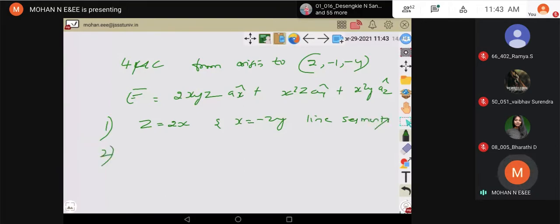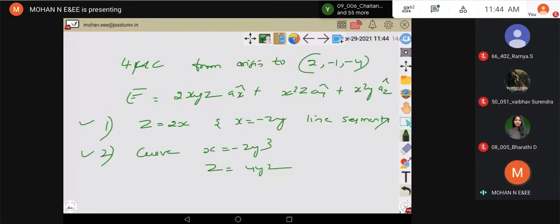And the second path is the curve x is equal to minus 2y cube and z is equal to 4y square. So you have to find work done in both the paths, one along the straight line segments and one along the curve.